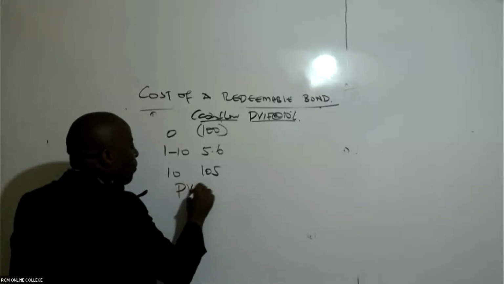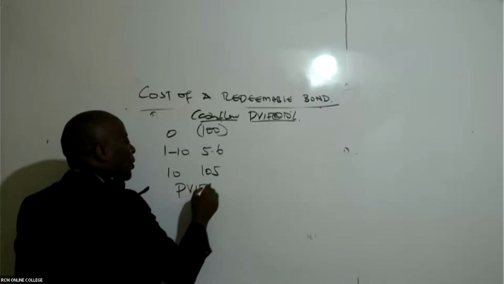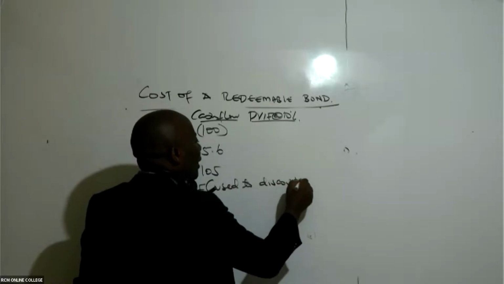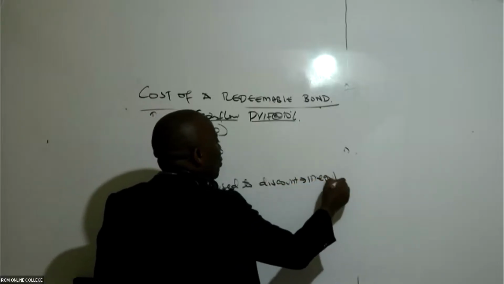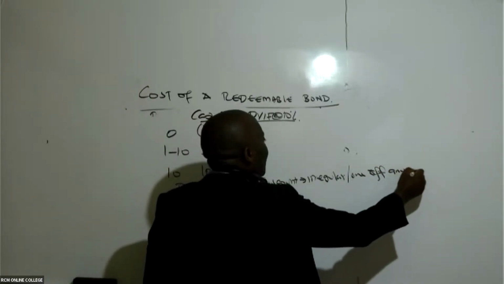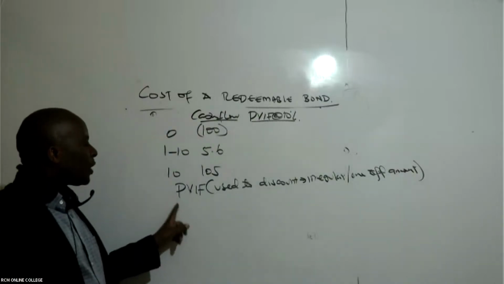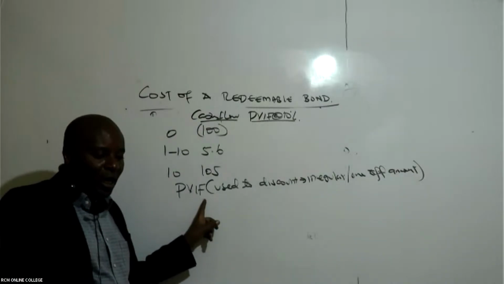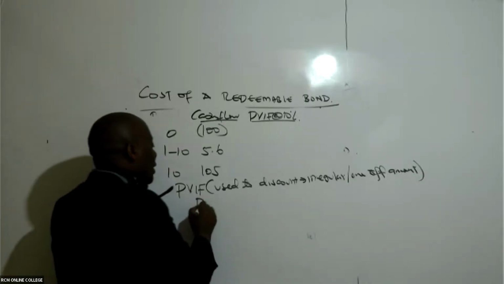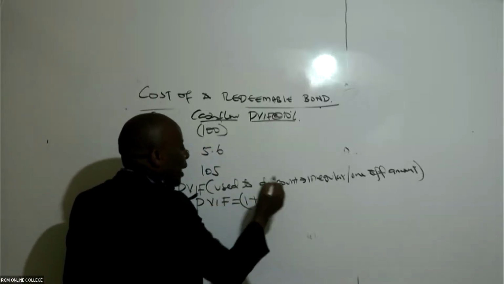We have what we call PVF, the one that we use to discount irregular or one-off amounts. For the very new students to this subject, PVF stands for present value interest factor. And to get this PVF, we use 1 plus R raised to negative N.